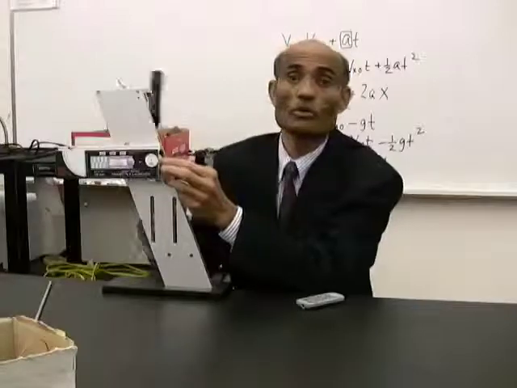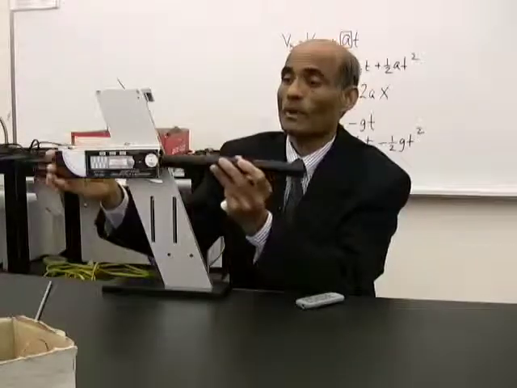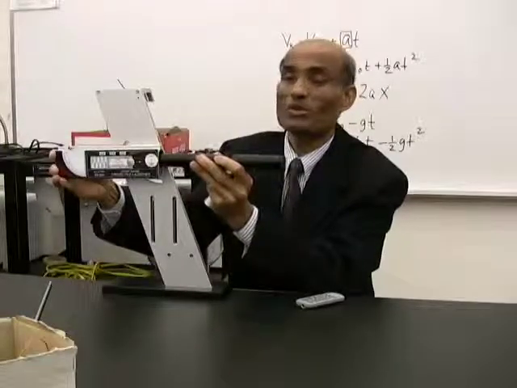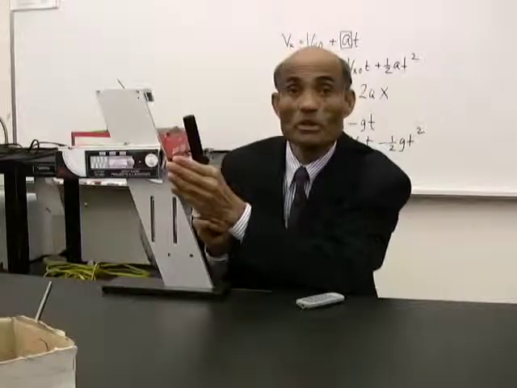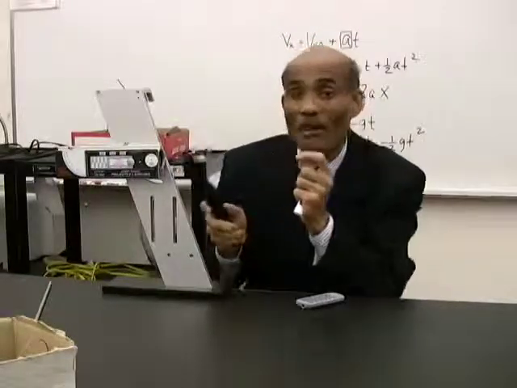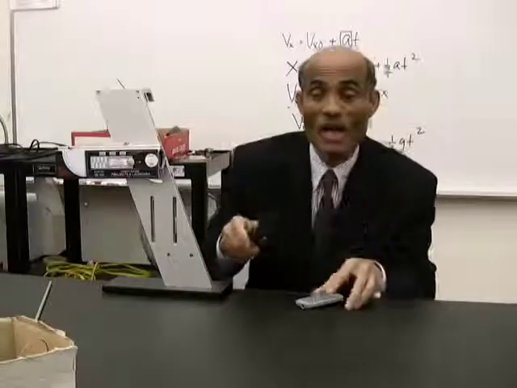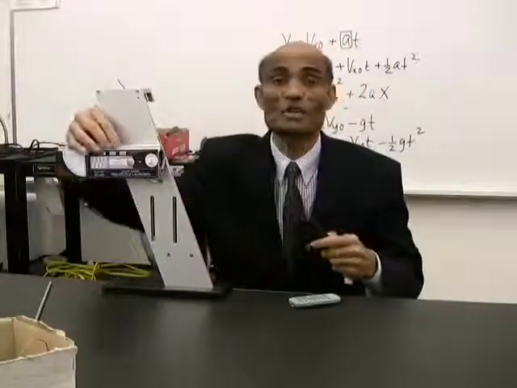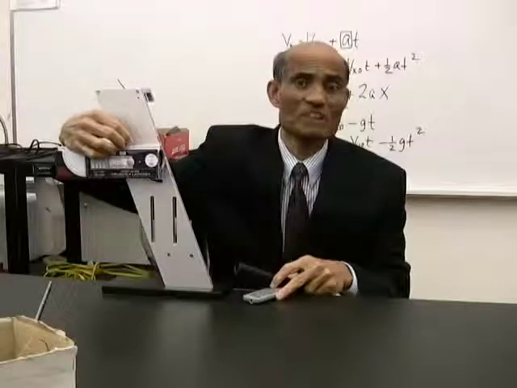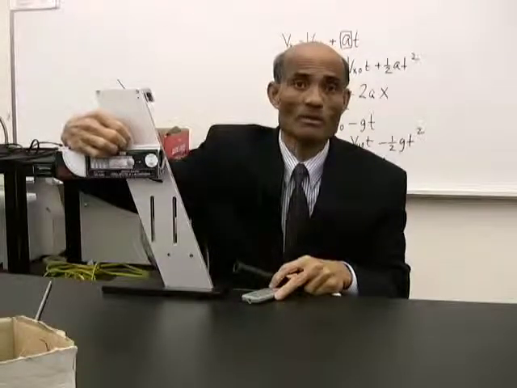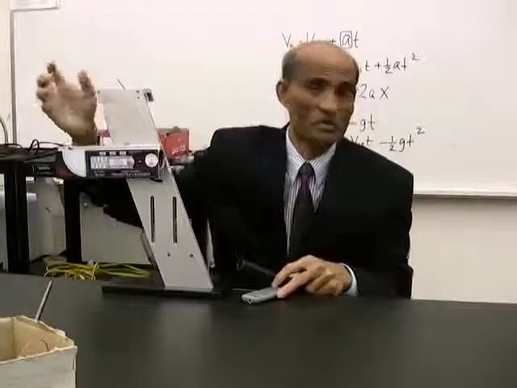I can load the gun. And I'm going to project it horizontally. When the ball comes out, the moment it comes out, it will have an x motion and a y motion. See if you can see the motion of the ball. There you are. Now, did you see how the ball was moving?